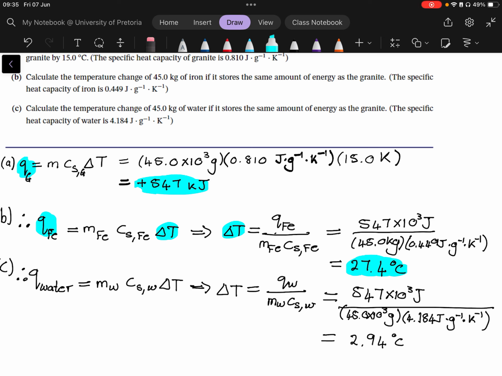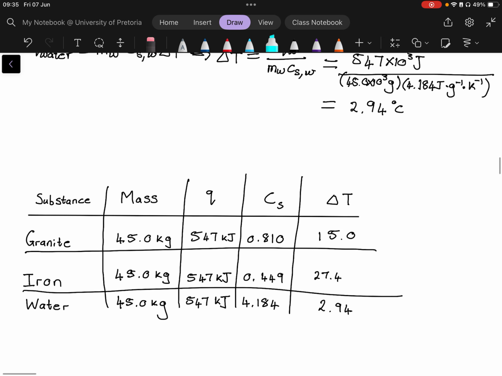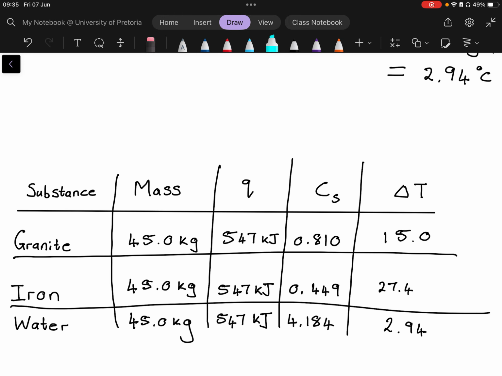They all absorb the same amount of heat, but what differs are their specific heat capacities and their temperature changes, because we kept the mass constant and the heat applied constant. You can see the water by far had the smallest temperature change, and the iron had the largest temperature change. And why is that?